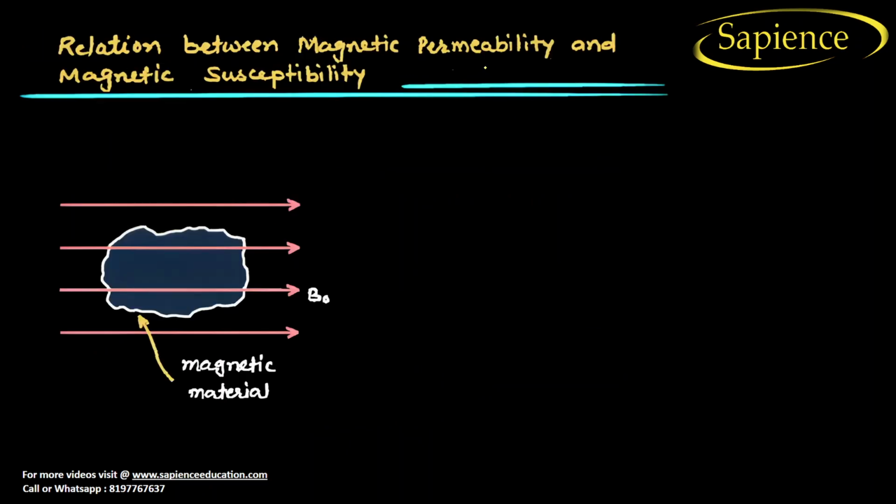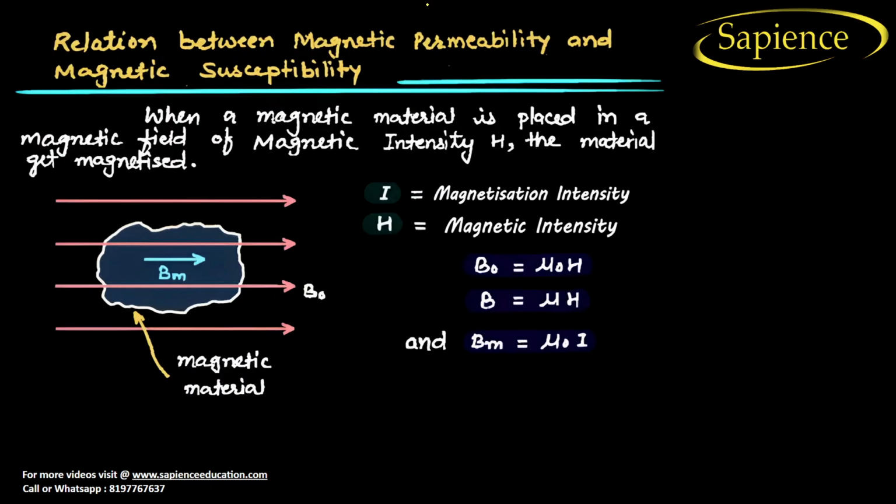Now, the relation between permeability and magnetic susceptibility. Let us suppose this is a magnetic material and this is your magnetic field. When a magnetic material is placed in a magnetic field with magnetic intensity H, the material gets magnetized. Let I be the magnetization intensity and H the magnetic intensity.